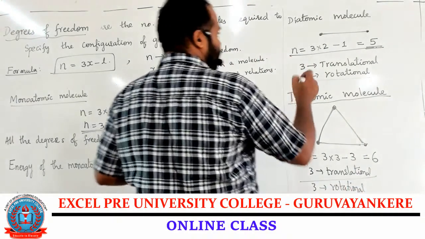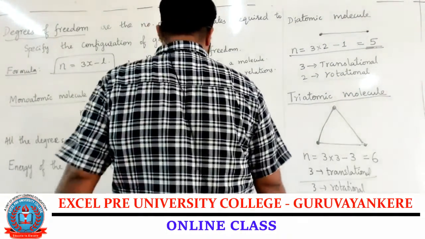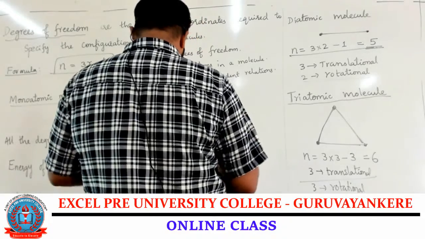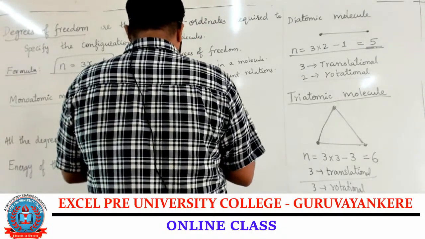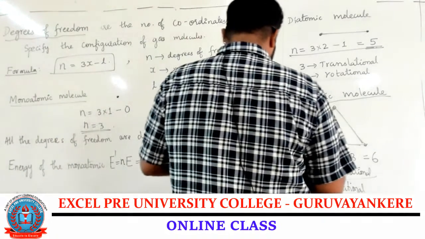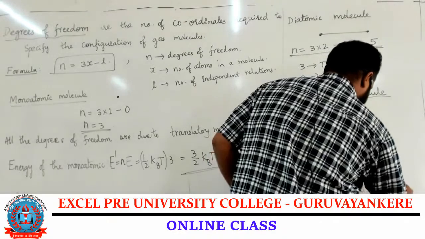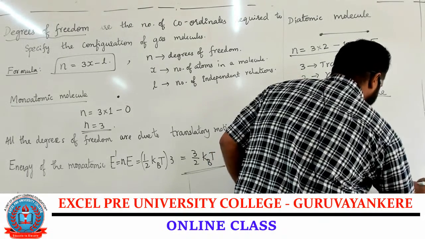What about the total energy? I have written the energy of the monoatomic molecule. So what about the energy of the triatomic molecule? Obviously, the total energy will be 6 into half kBT.